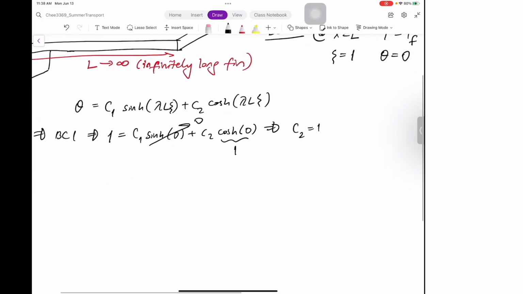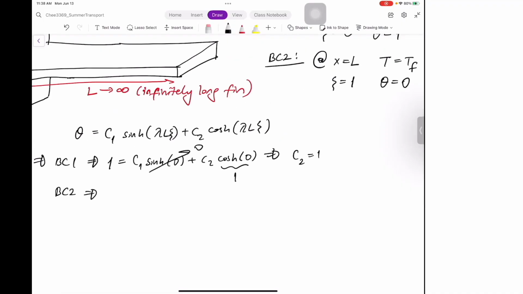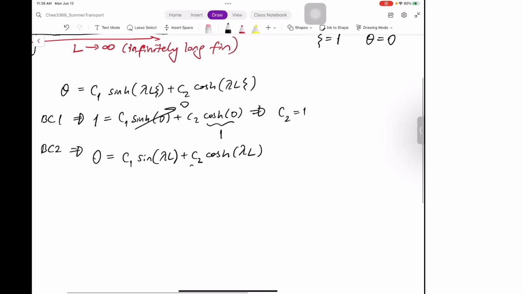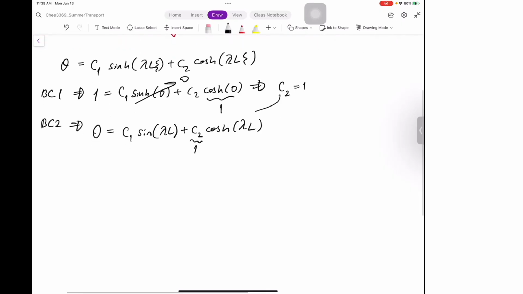The second boundary condition gives us that theta is equal to 0 when psi is equal to 1. And C2 was already found to be 1.